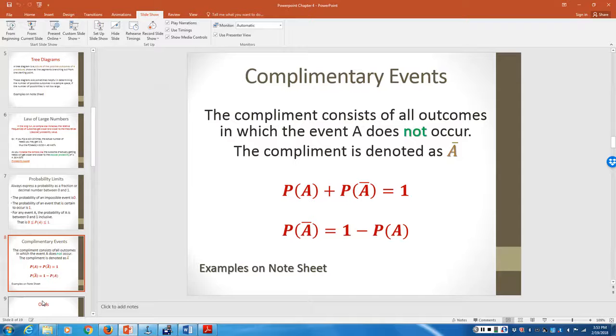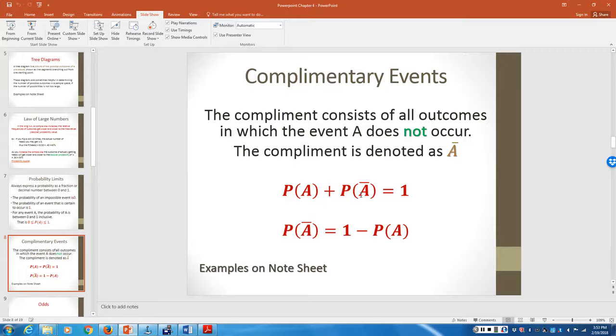Basically, what this first thing says is that the probability of an event plus the probability of its complement is 1. Now think about it. Either the event happens or it doesn't. Either A happens or it doesn't happen. I flip the coin and either the head comes up or it doesn't. Guaranteed something's going to happen one way or the other.